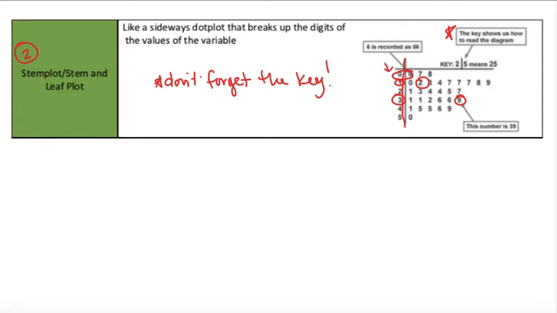This key says 2, 5 means 25. If I had another key, I could have said 2, 5 could be 2.5. Another key could have possibly been 2, 5 meaning 2,500, where they've rounded to the nearest hundreds. We want to make sure that we're communicating our data well to somebody that's looking at our display.